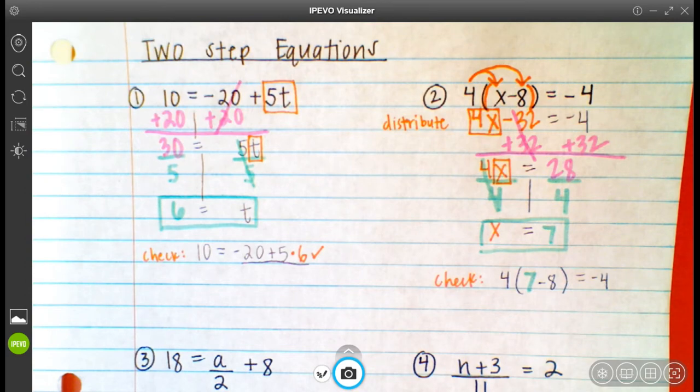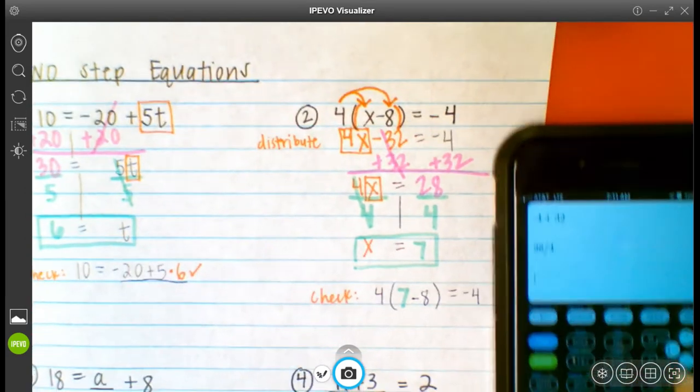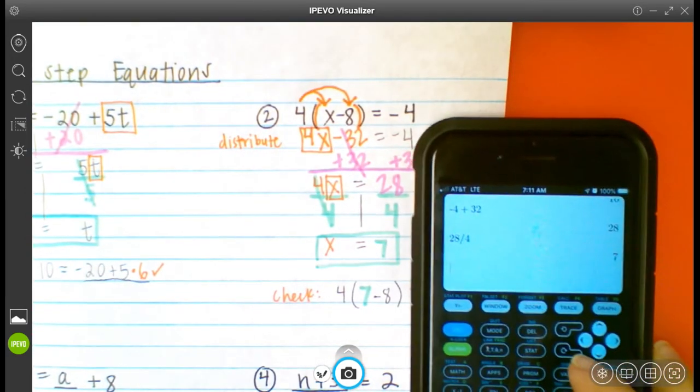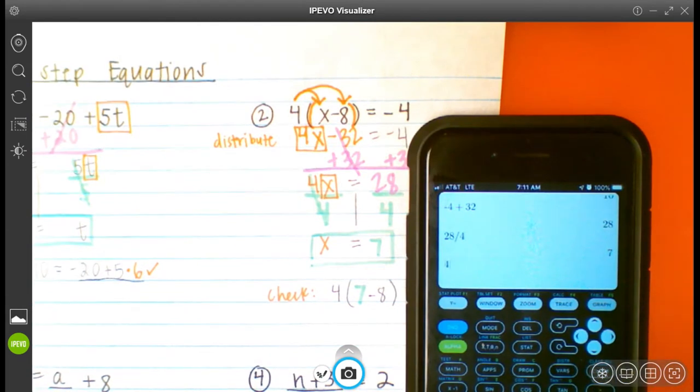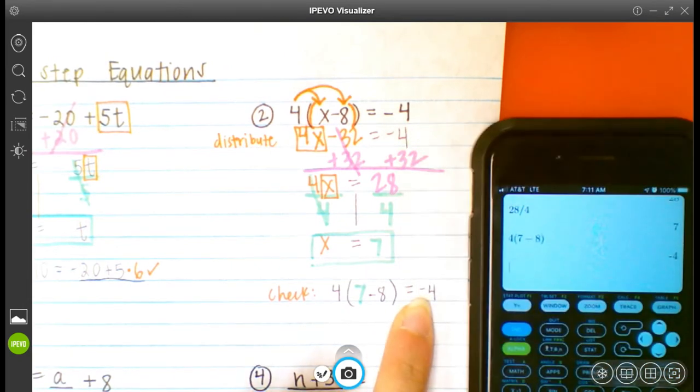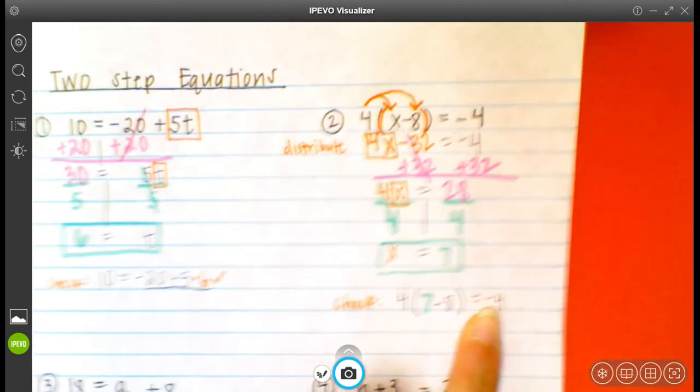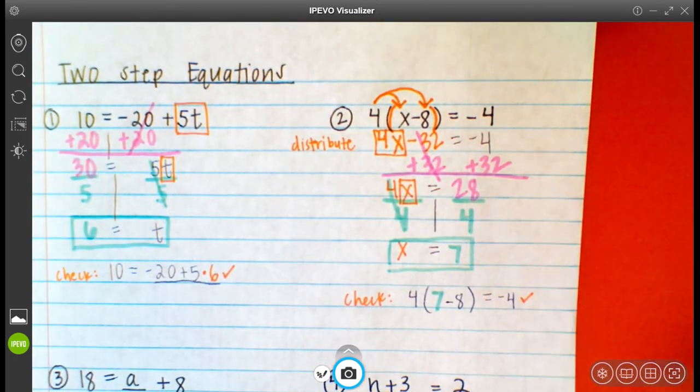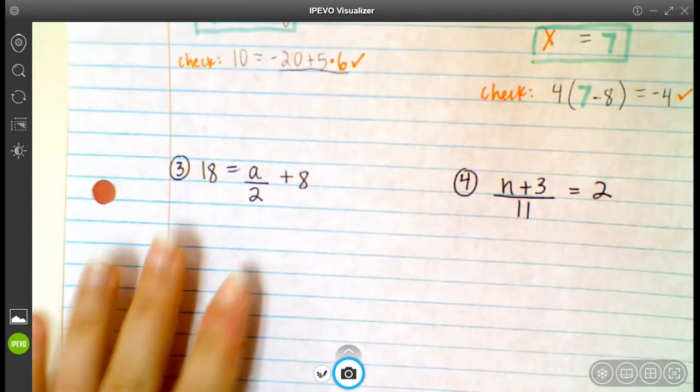If you wanted to test this theory, you could use your calculator and type in this entire left side. So you'd type in 4, parenthesis, 7 minus 8, close parenthesis, and hit enter. And it does, in fact, give us negative 4, which means that 7 has to be my solution. All right, guys, 2 more to go, just to play around a little bit more.